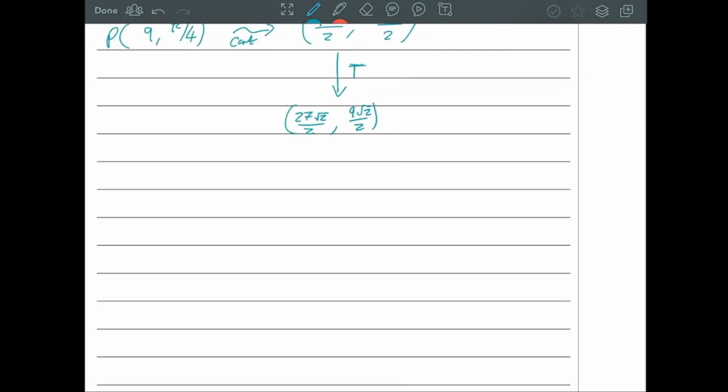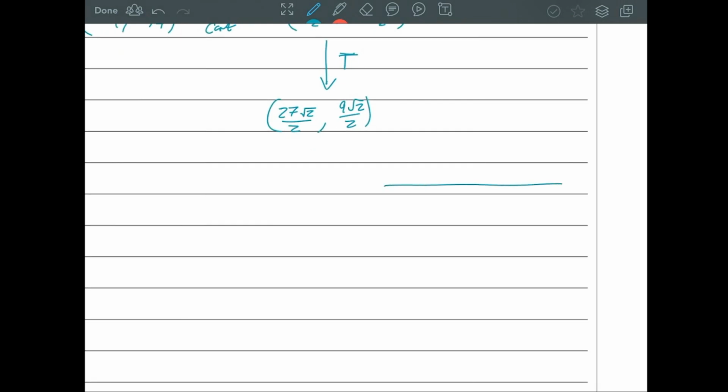And then we need to go back to polar. So now I've got a new triangle here. 9 root 2 over 2. 27 root 2 over 2. And so it's going to be tan inverse of a third, if I'm doing the opposite divided by the adjacent. And I need to square those and add them together.